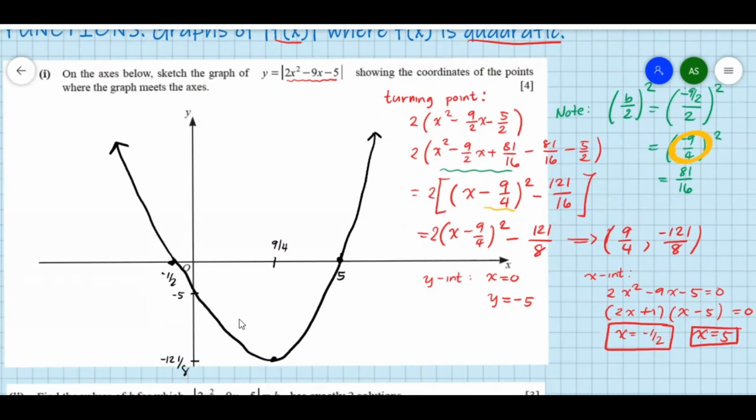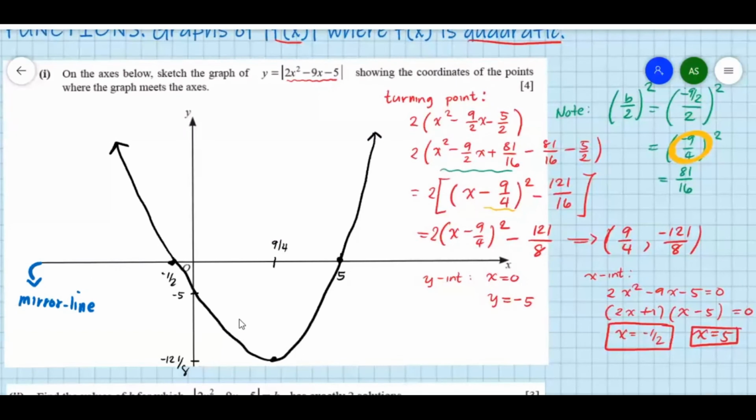Now, since we have the graph of the quadratic function, we can now find the graph of the modulus by letting this x-axis be your mirror line. Remember that when we are dealing with modulus, the y values must always be positive.